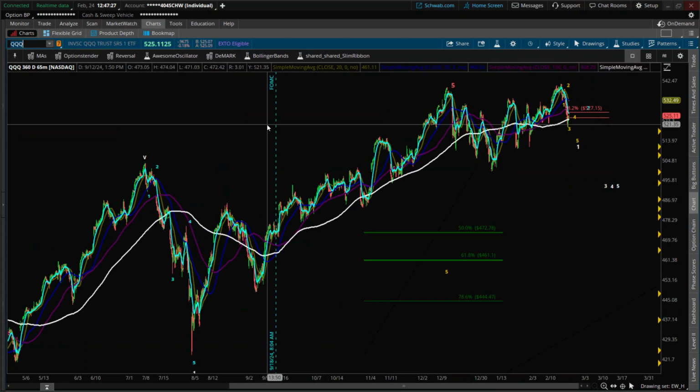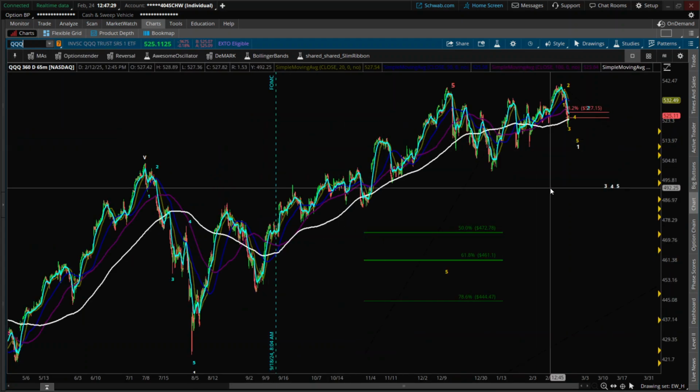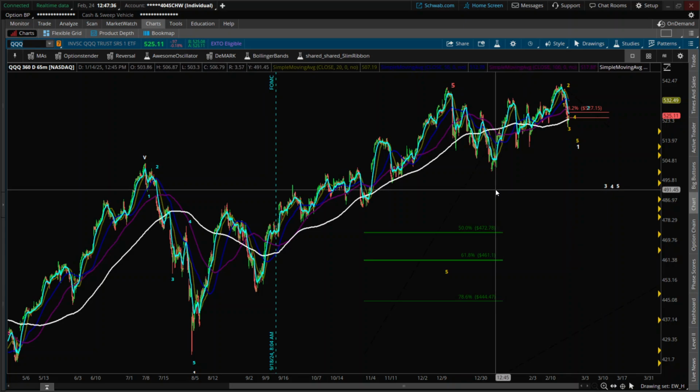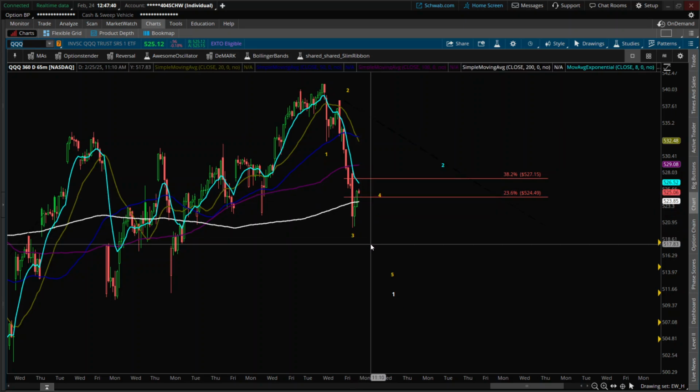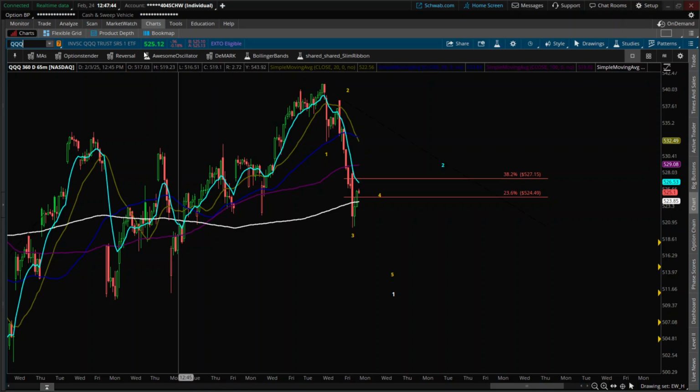This does happen in the beginning of moves. The beginning and the end of moves, they like to trick you. It's the most confusing, but then when everything starts to stretch out, it becomes much easier. So I would like to see a new bottom here, even if we don't get a new low in SPY.